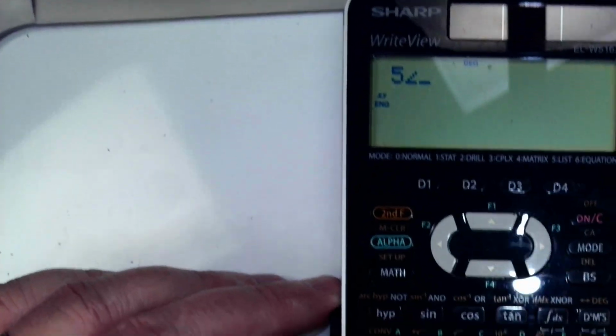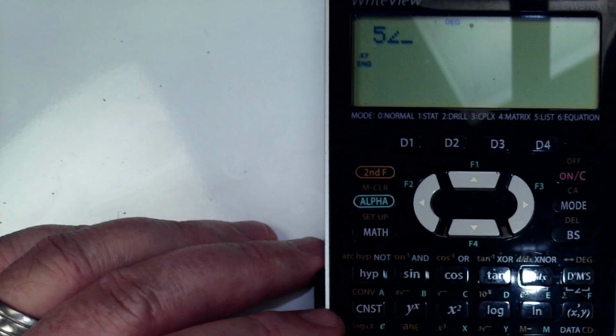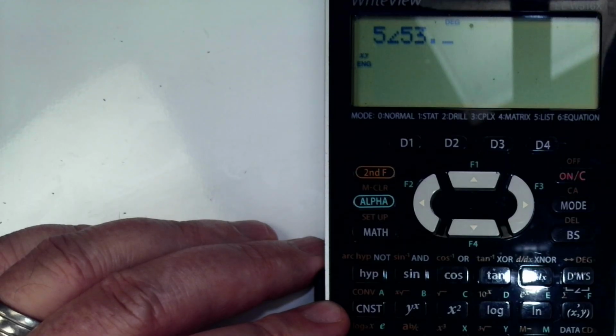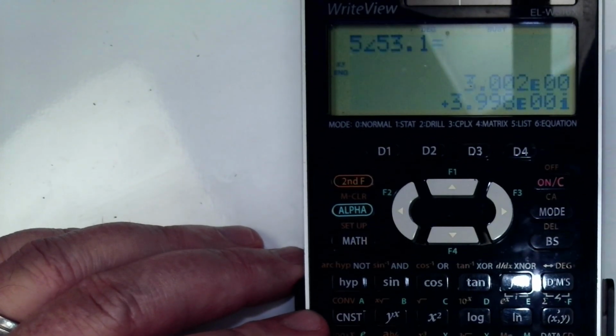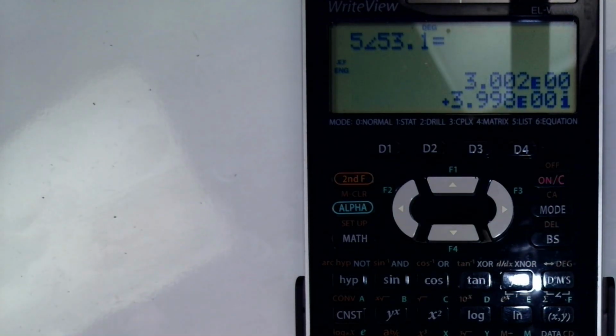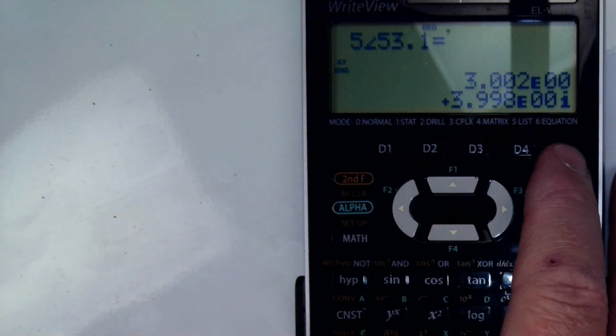Now, this camera is a little tricky, but I'm going to go 5, and then the angle is 53.1, and then if I hit equal, it will show me the real part is 3, and the imaginary part is 4. Now this, because I didn't have enough values here, if I did 53.124, whatever it was, I would get 3 and 4 right on the dot. All right? So you can use your calculator to convert from one format to the other.